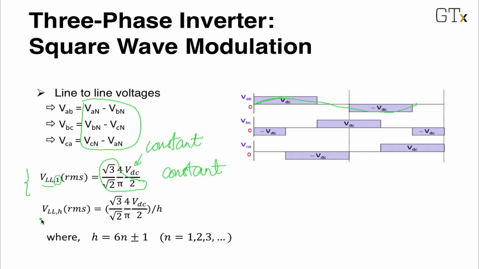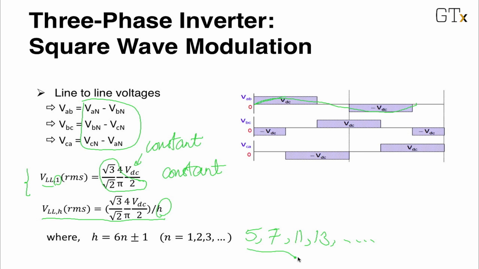If we look at the harmonic components, we see that each harmonic component in the line-to-line voltage, its magnitude is inversely proportional to the order of the harmonic, and harmonics are of the order of 5th, 7th, 11th, 13th, and so on. And that's also the drawback of a square wave modulation for a three-phase inverter as well.